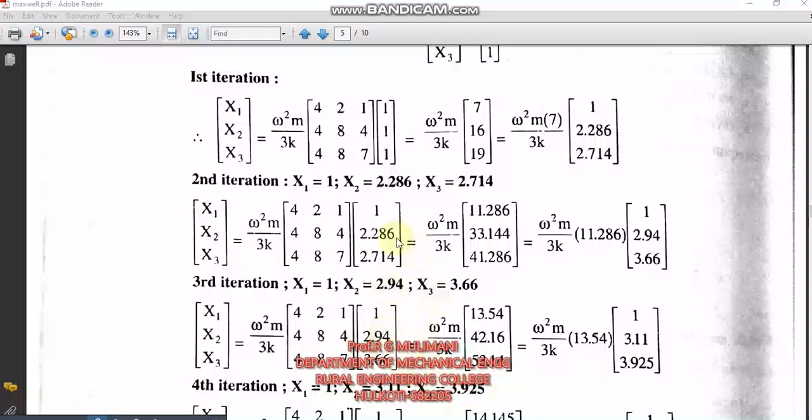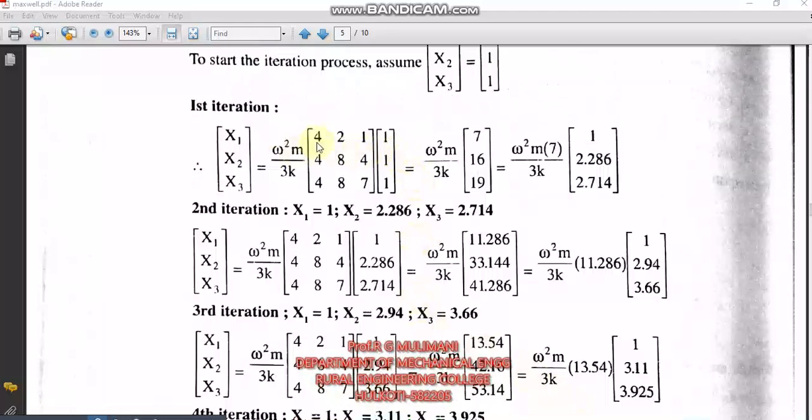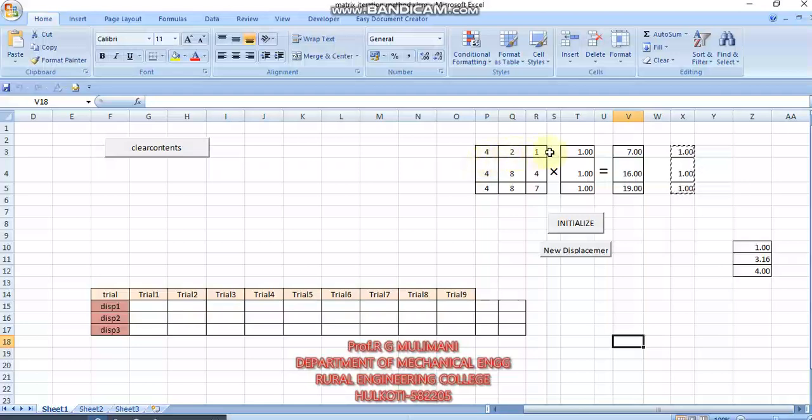I'll use Excel to calculate the same thing. So 4 2 1, 4 8 4, 4 8 7 are already taken here. These are the initial displacements 1 1 1. When these two matrices are multiplied, the values are 7, 16, 19.